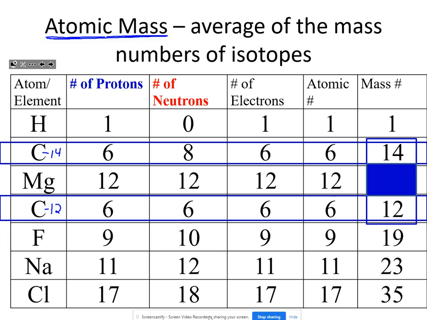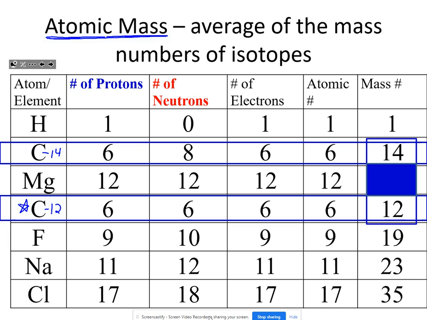The fact that we get an atomic mass for carbon that is 12 point something, that is very close to that 12, means there are a lot more carbon 12s in the world and a lot fewer carbon 14s because it's an average. Okay? If you round the atomic mass to the whole number, it will almost always give you the mass number.